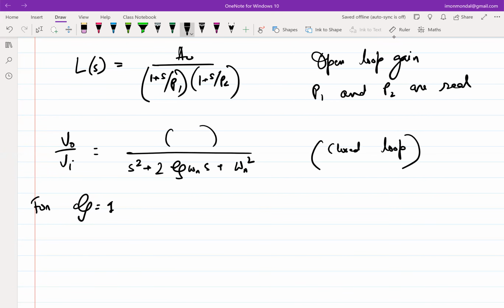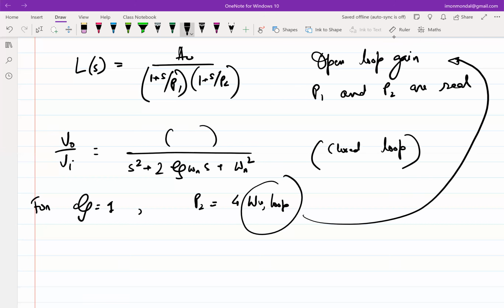For zeta equal to 1, we had to ensure that P2 had to be 4 times omega u loop, where omega u loop corresponds to the loop gain going to 1 for the open loop system, right? So it's an interplay between how the closed loop system is going to work, given that we know the transfer function of the open loop system, or more specifically, the loop gain.